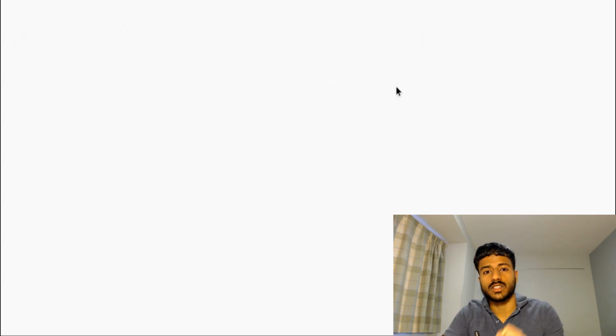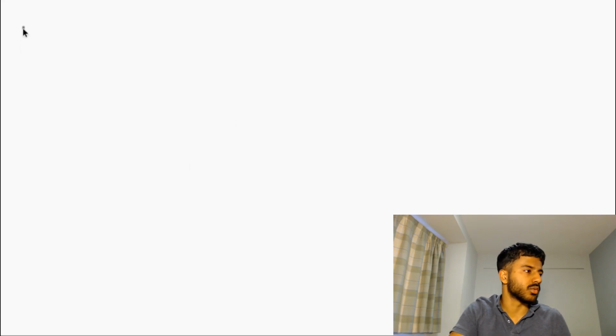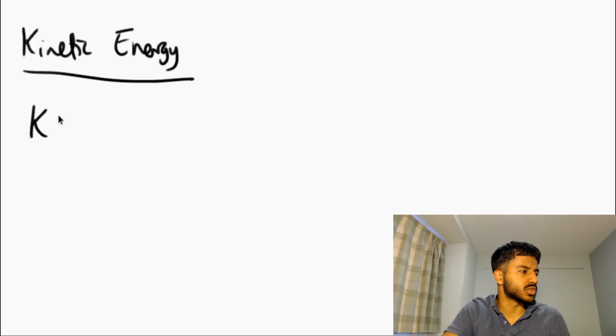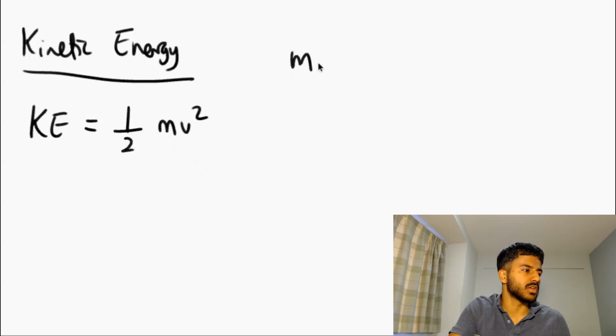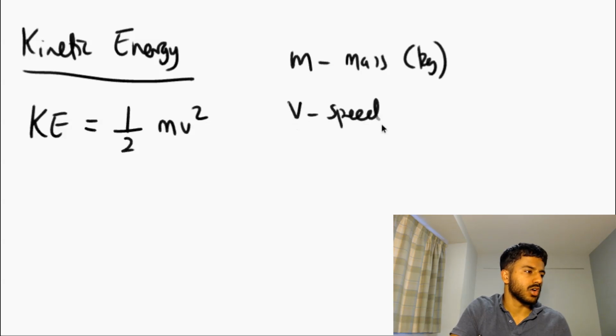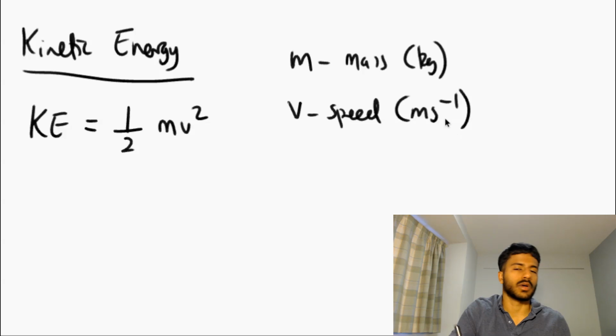So let's look at some equations. Let's start off with kinetic energy. Well, the kinetic energy stored by a particle is equal to half times mv squared, where here m is your mass of the object in kilograms, v is the speed of the object in meters per second.